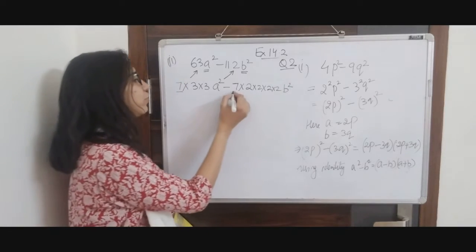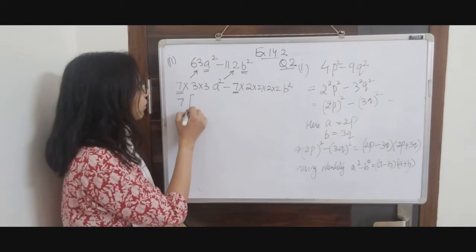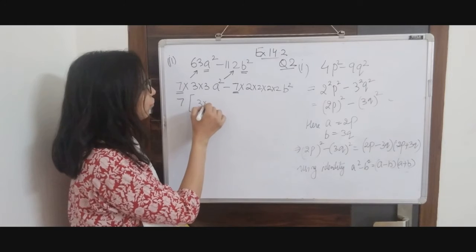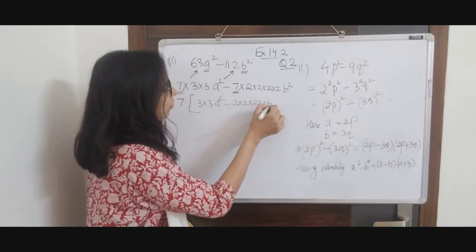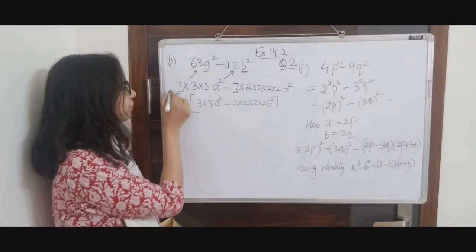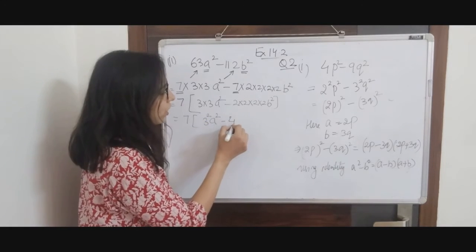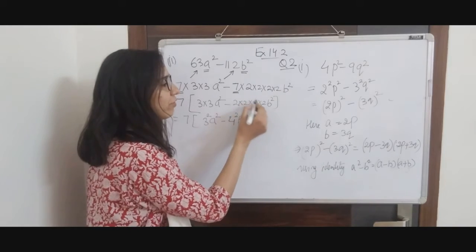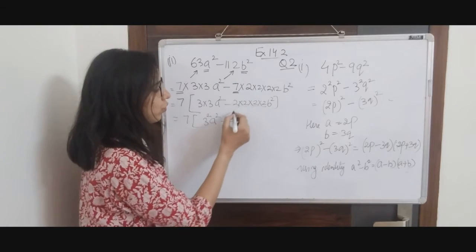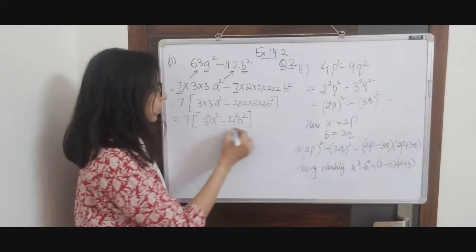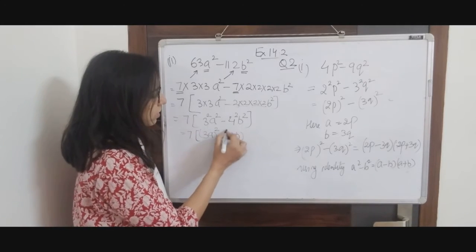So now if we take 7 from both the terms, we are left with 7 into (3 into 3 a² minus 2 into 2 into 2 into 2 b²). Okay, which is 7 into (3a) ka square minus (4) ka square. Though it is 2 to the power 4, we want a square number, so we group the numbers in pairs, 2 into 2, 4 ka square. It will be 4², 2². It will be (3a) ka square minus (4b) ka square.